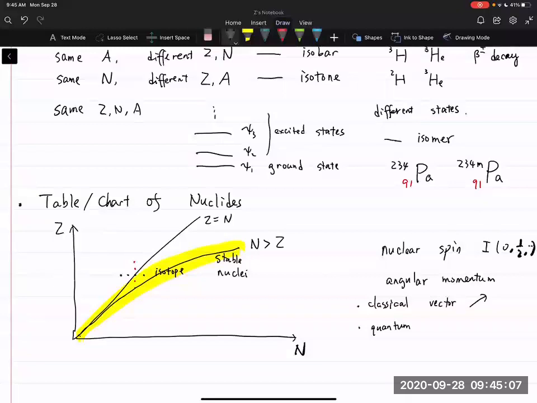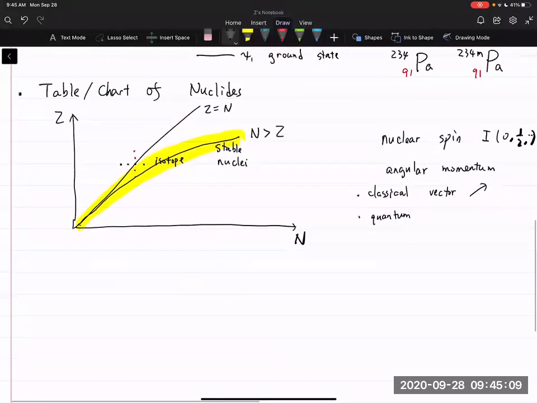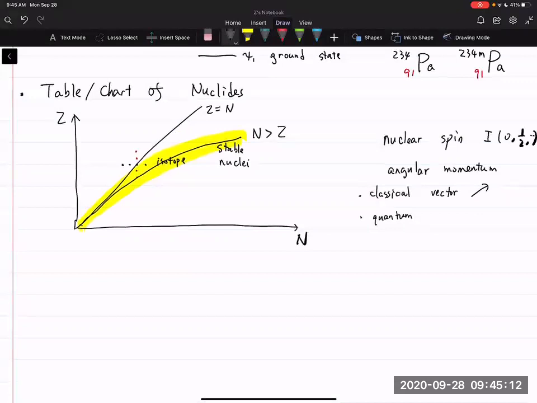So that's that. We have 5 minutes left. In the last 5 minutes, let me give you a few important examples of isotopes.